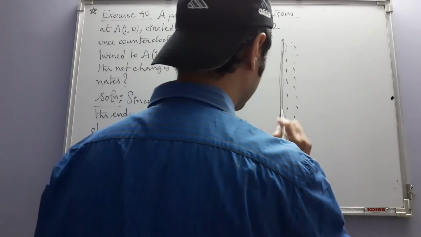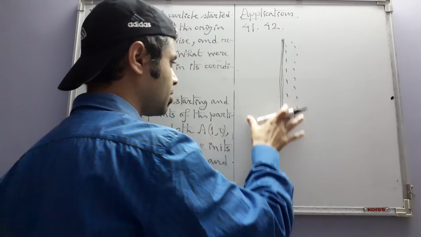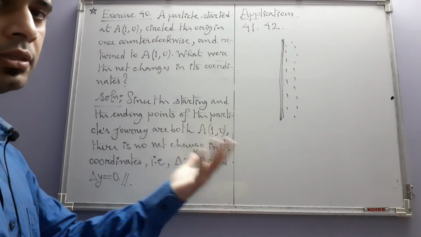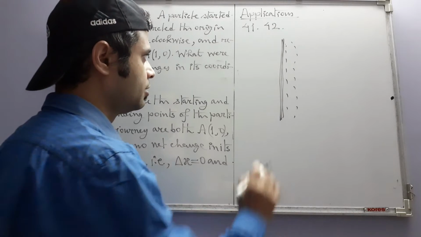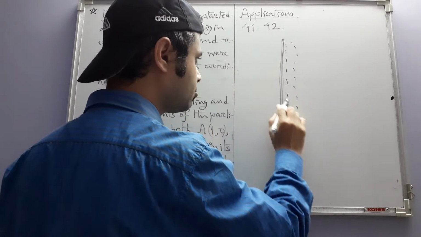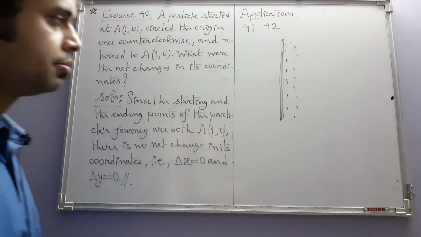So a figure is given in the book where that one particular type of insulation is given, and how the temperature drops as we go outside through the insulation, that is also given.